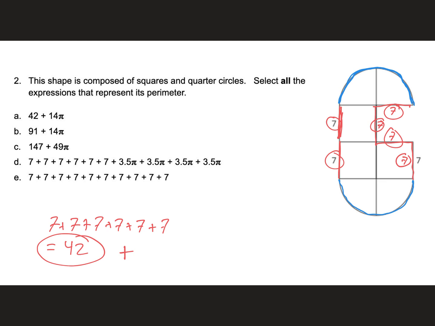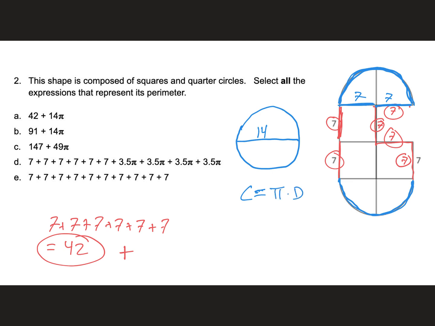Now, if you notice, this half circle plus this half circle would give me the circumference of a full circle that has a diameter of 14, because 7 plus 7 is 14. The circumference of a circle is equal to pi times the diameter.